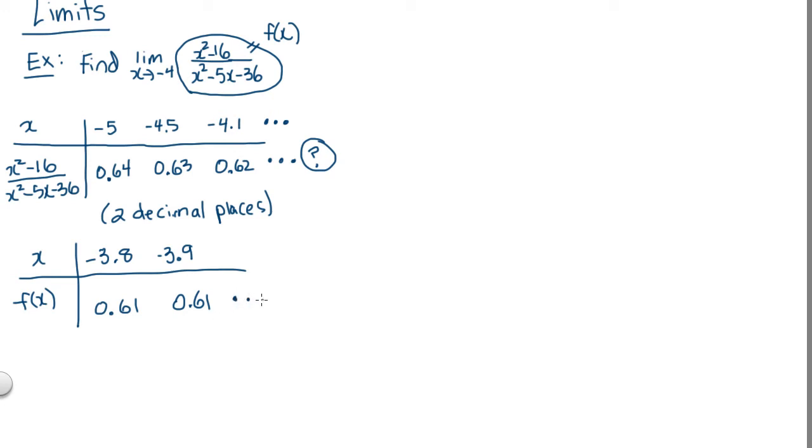And similarly down here, as we approach -4 now from the other direction, we're trying to figure out what f of x looks like. So if these two values here happen to be the same, then we say this value is the limit as x goes to -4 of our function.